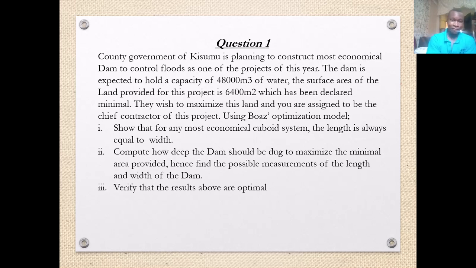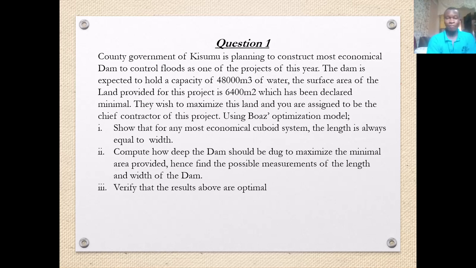Look at this kind of question. They said that the land provided for this kind of project is very, very minimal, and of course, as you can see, 64 meters squared is very minimal to hold 48,000 meters cubed of water. That capacity seems to be much more than 64 meters squared can hold.